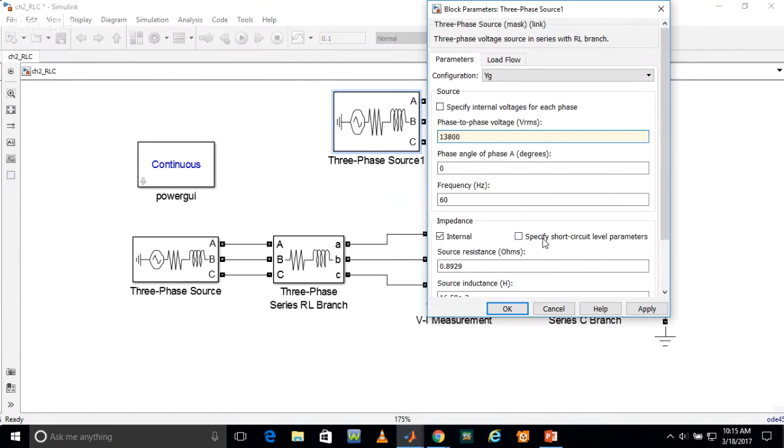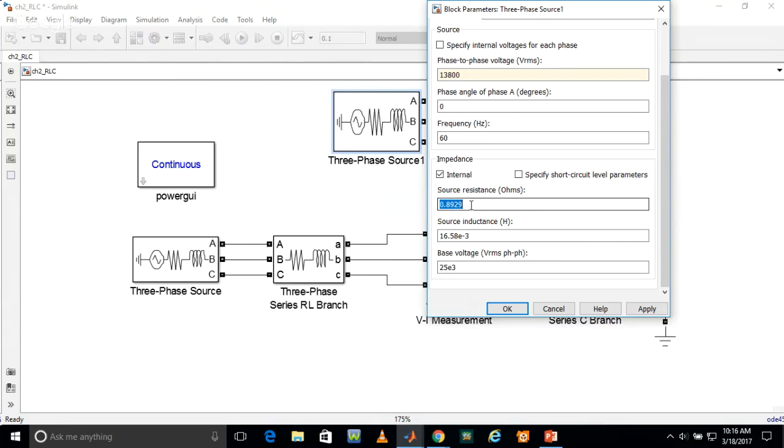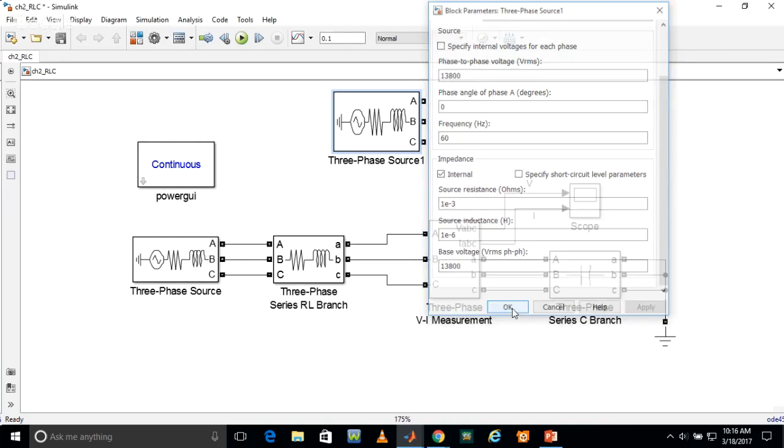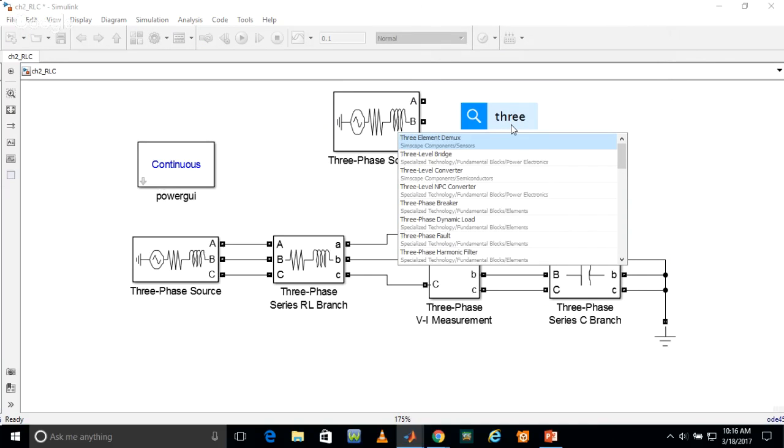Similarly, the source resistance is 1e-3 and 1e-6, and again the base voltage is 13,800. Right. Similarly, if you want to connect a three-phase RLC branch, just type three-phase RLC branch.